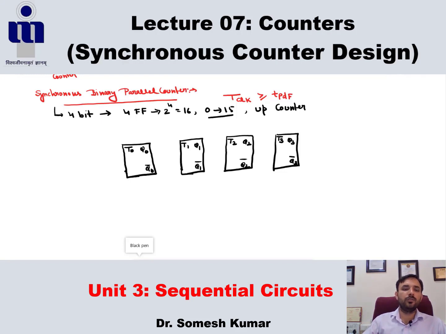Here also you can use J0, K0, J1, K1 and J2, K2 or J3, K3. Fine. So you can design this counter using T flip-flops or JK flip-flops, because this counter works on the toggle state, meaning when both inputs are 1, J equal to 1, K equal to 1, then the output toggles in each clock. So if T equal to 1, our output also toggles. So JK flip-flops can be used here.